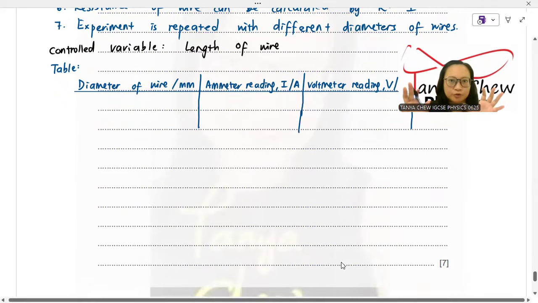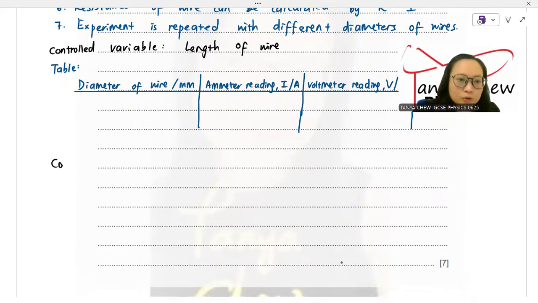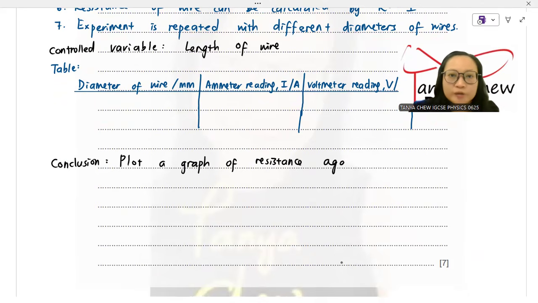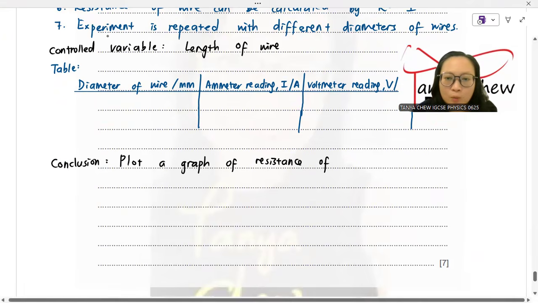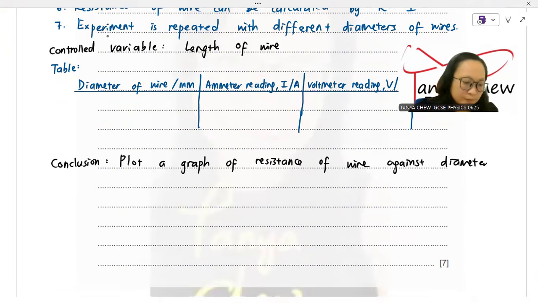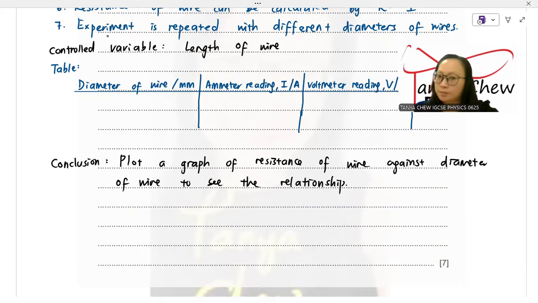So if you have values for both physical quantities, for the conclusion you can just plot a graph of resistance of wire against diameter of wire to see the relationship. We are not supposed to give the result because we are just a planner. If you want to plot a graph of diameter of the wire against the resistance of the wire, feel free to write that as well.